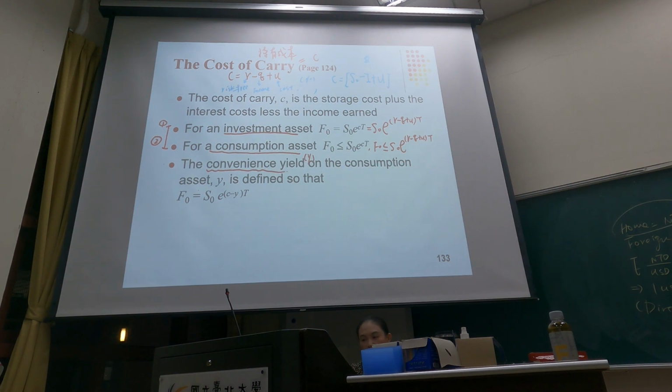What we call convenience yield, 这个叫便利性收益. Convenience yield has a very special definition: the actual profit the spot position could earn from refining the underlying.